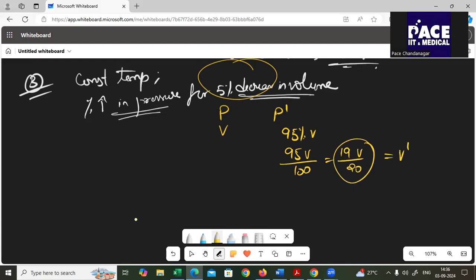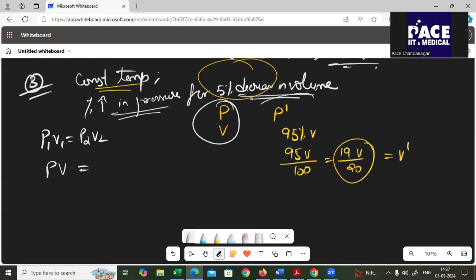The new pressure is P dash. How much will be the increase in the pressure at constant temperature? We have the formulation P1 V1 equals P2 V2. So I would say P1 as P and V1 as V. This is my first case and here is my second case.